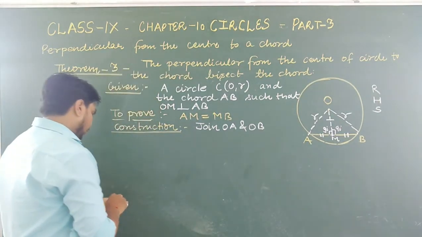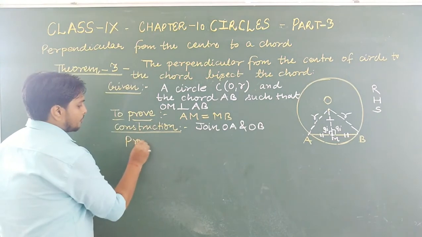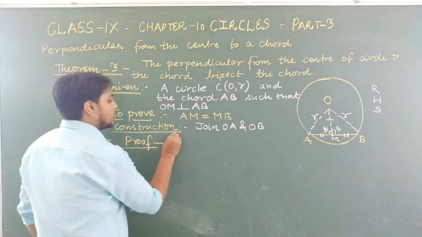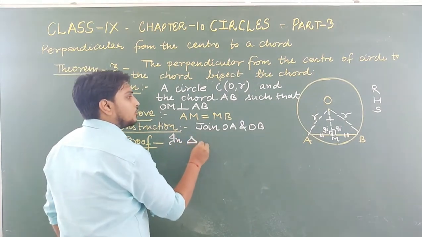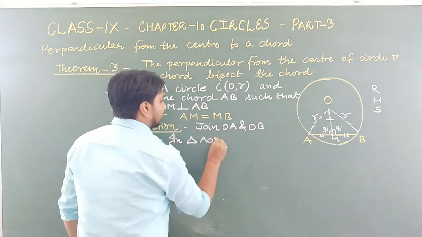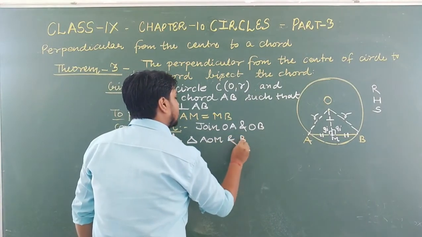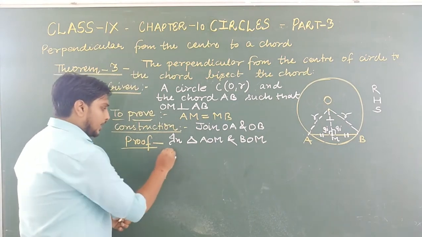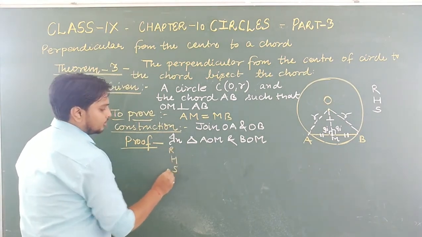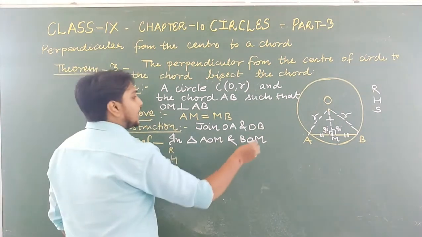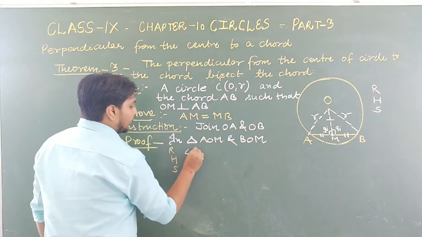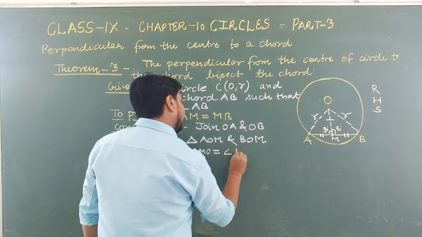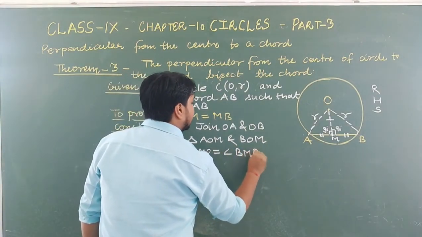Okay. So in the proof part we will write that in triangles AOM and BOM, we are going to use the criteria RHS. The angle AMO and angle BMO both are equal.